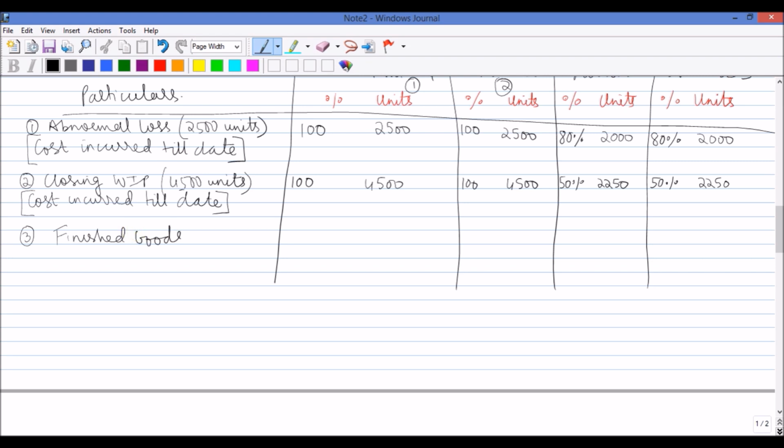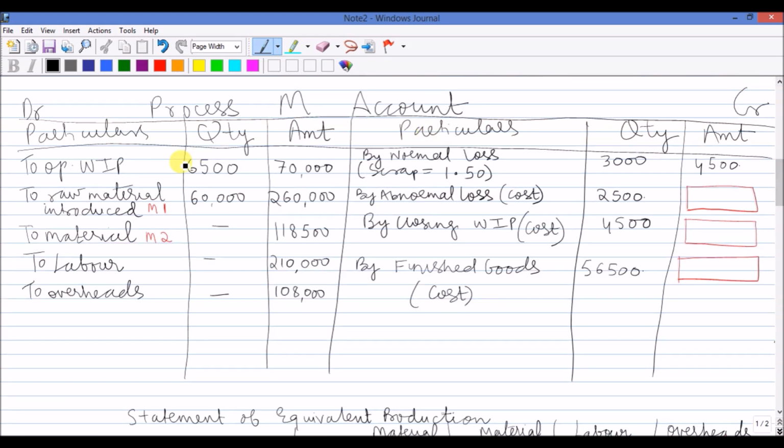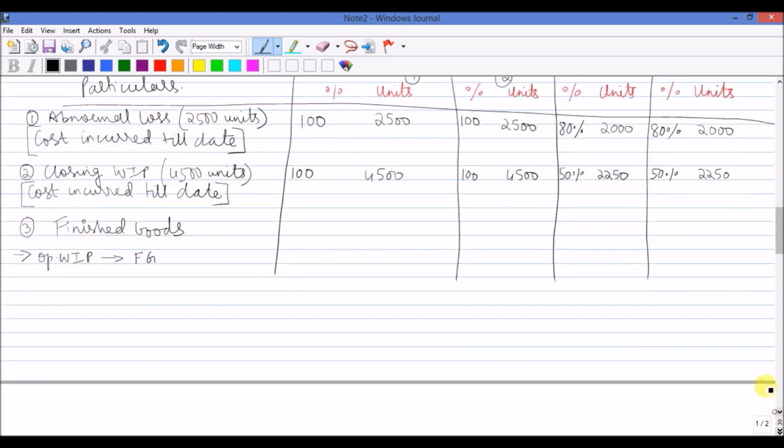Now it's very important to look at the starting of the lecture. I've told you all that the opening work in progress will be converted into finished goods. And how much is the opening work in progress, friends? Opening work in progress is 6500 units. So these 6500 units are going to be converted into finished goods.